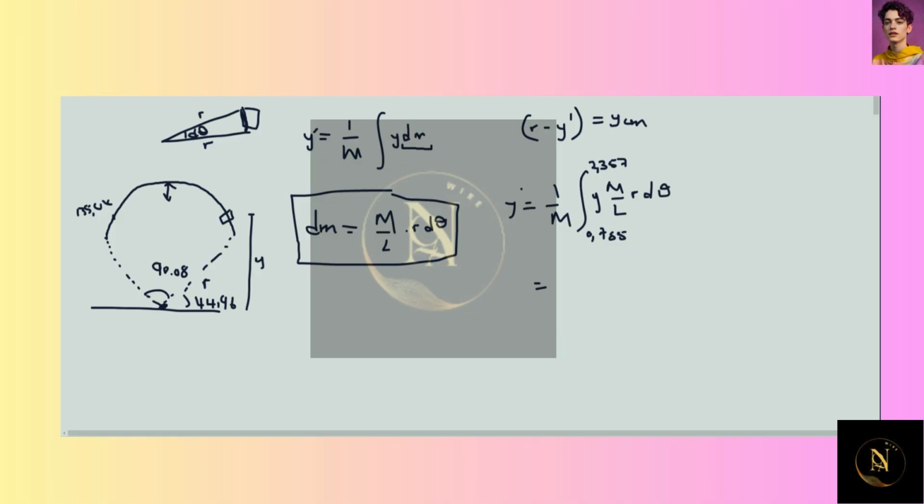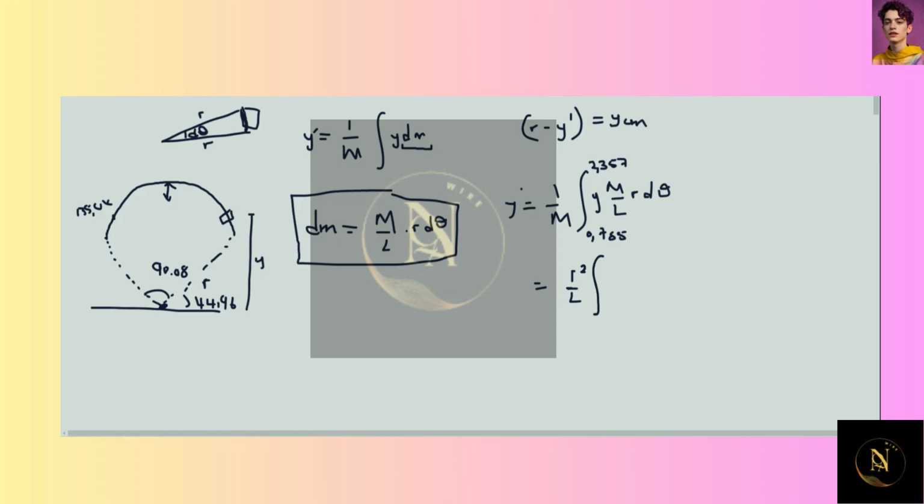So now we have 1 over L, and the y is just r sine theta. And r, the radius, is again the same because this is just an arc length here. So this is now going to be r squared because we have 2 radii here.